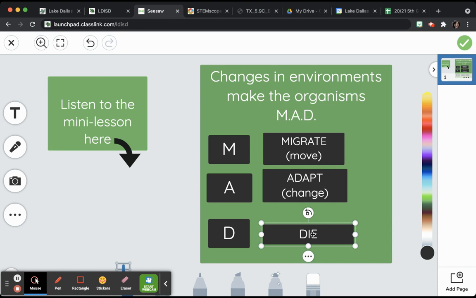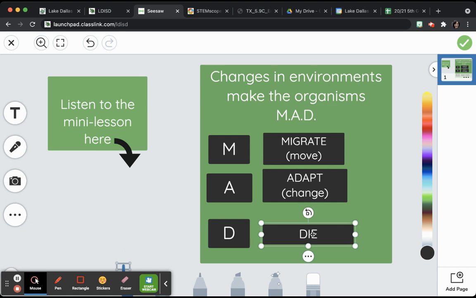And today, in your activity, you actually get to choose a scenario that gives you a living organism and a change that is happening for that organism. You are going to predict what that organism is going to do. I want you to really think and be creative. Don't just say, well, it's going to die, and that's that.